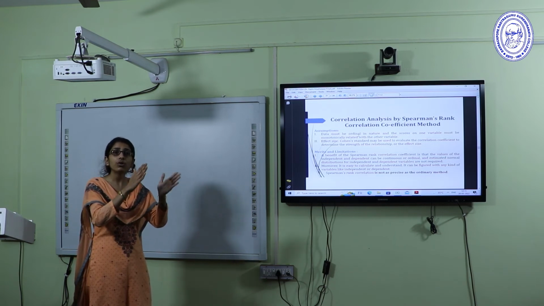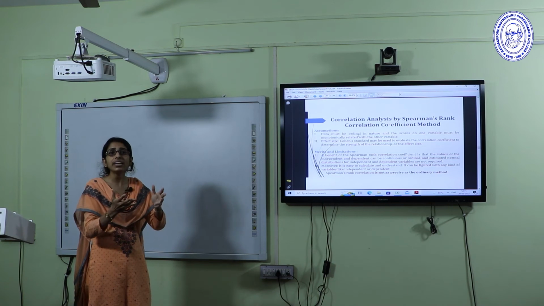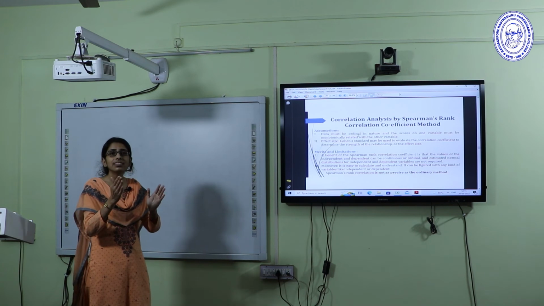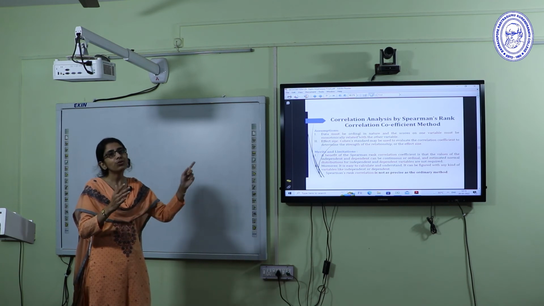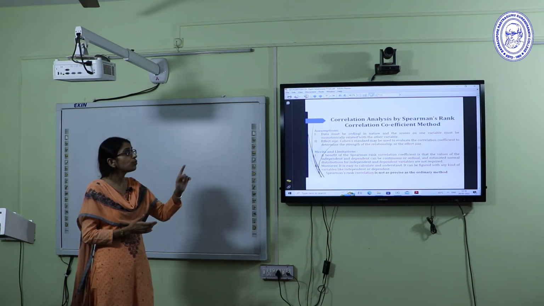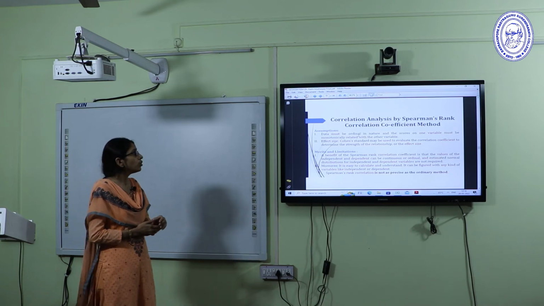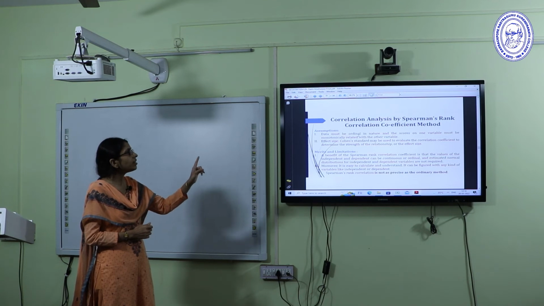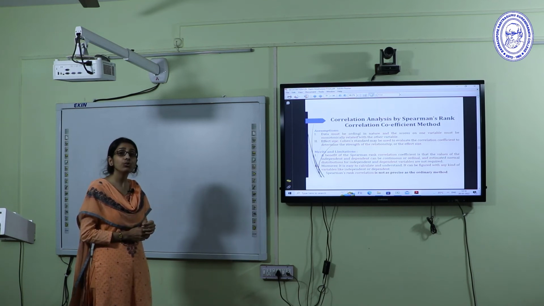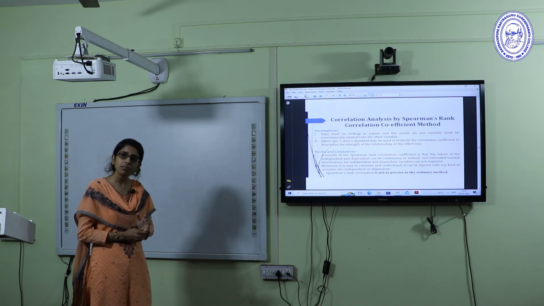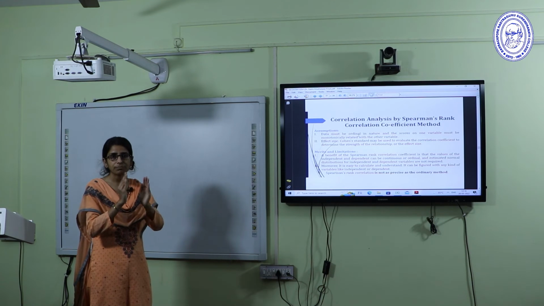Instead of the raw data, if you have ranked data, you can easily correlate those ranked variables through the use of Spearman's correlation coefficient method. The second assumption concerns the effect size: a standard may be used to evaluate the correlation coefficient to interpret the particular measurement.